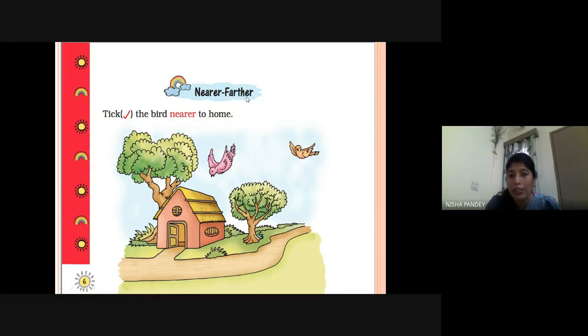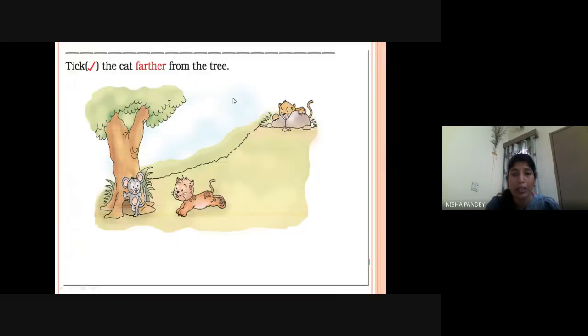What is the spelling of farther? Farther. Now let's see the next picture here, children. What can you see? A rat and a cat, and this is also another cat. So pick the cat farther from the tree. This is a tree here. This is one cat.